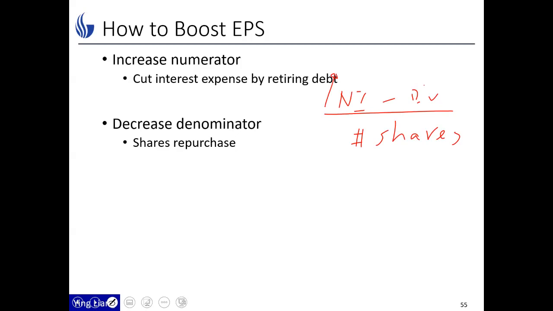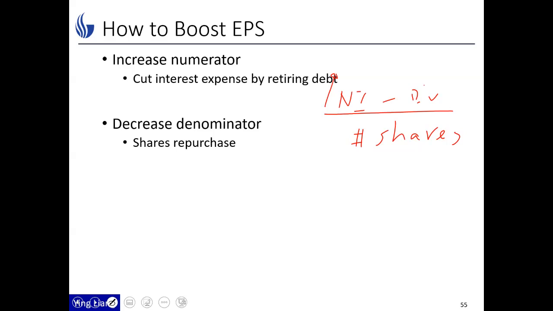One of the ways to cut costs, the most direct one, is to cut interest expense. And how do they cut it? Well, by borrowing less money. If I borrow less, I will have less interest to pay, right? And how do I borrow less? I have existing outstanding debt. I just pay back earlier than I should, before maturity. I pay them back.